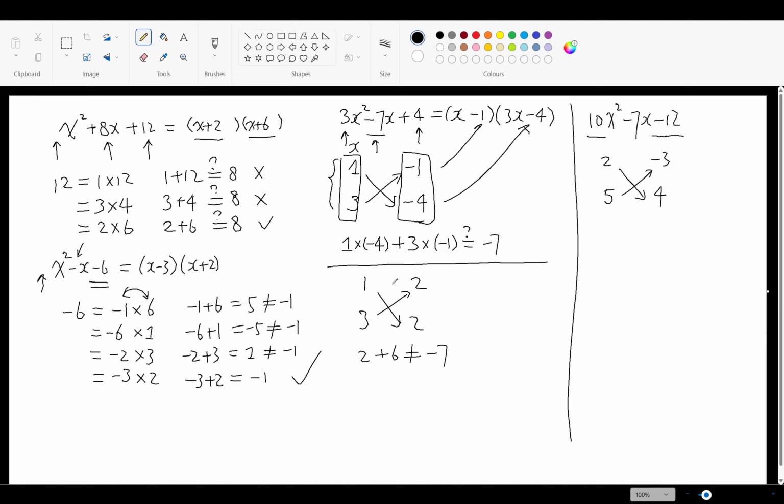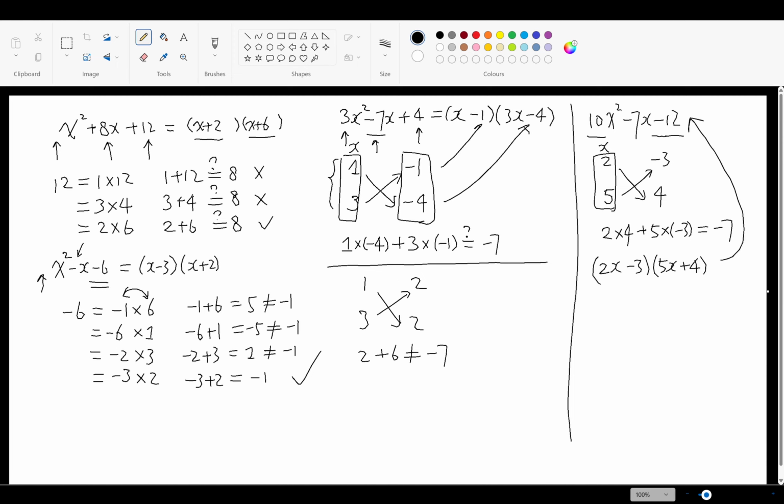What I get is 2 multiplied by 4 plus 5 multiplied by -3, which is definitely -7. And then I'll use the first column as the coefficient of x, okay? I'll factorize the original quadratic expression into 2x minus 3 multiplied by 5x plus 4, and you can check this is equal to the original quadratic expression.